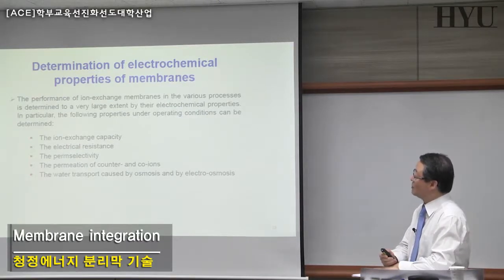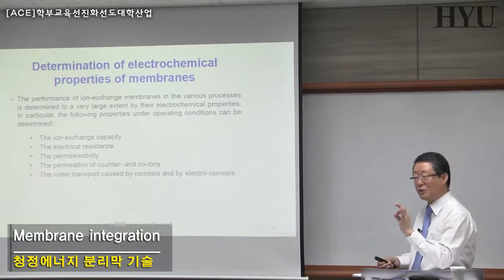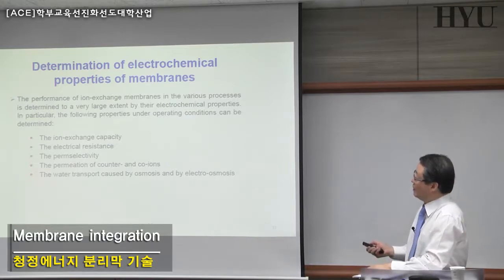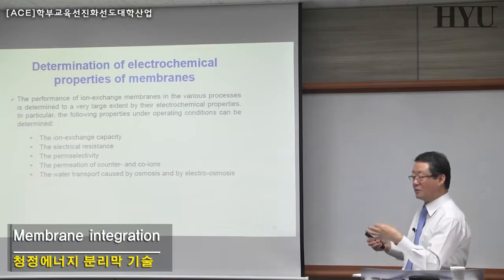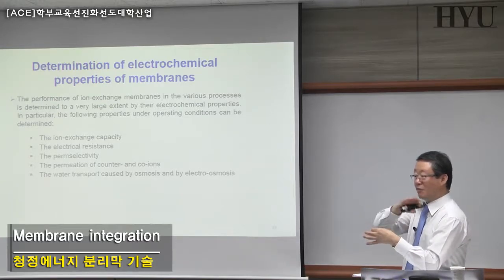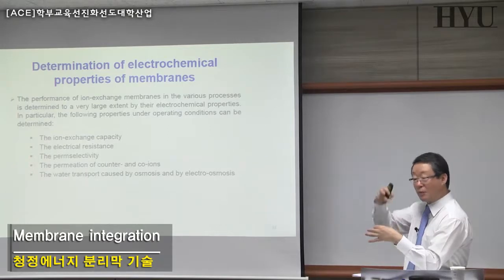We can check the ion exchange capability by knowing the ion exchange capacity or resistance, particularly the electrical resistance, and the selectivity. Selectivity means that if the membrane has both of those charges in the field, and the membrane may have one of those charges, what about the selectivity?